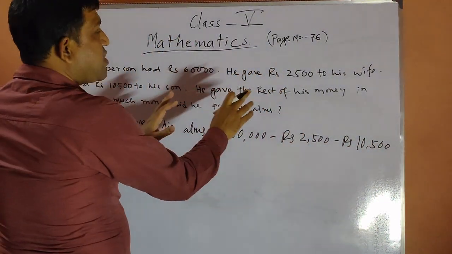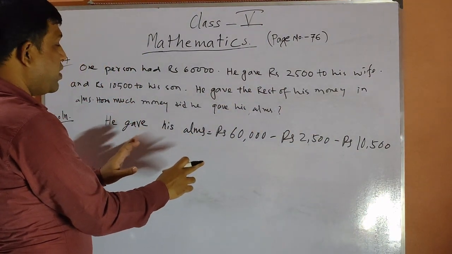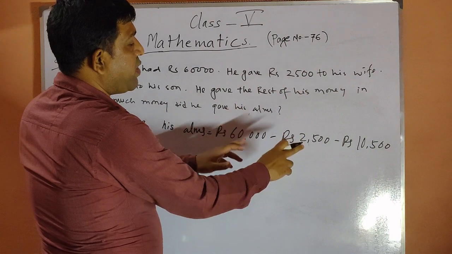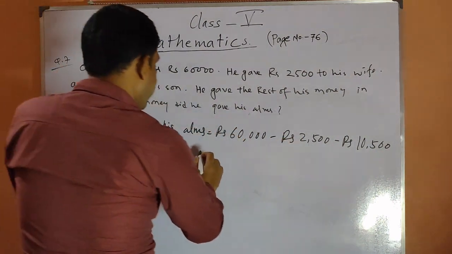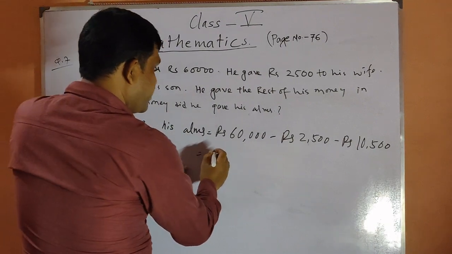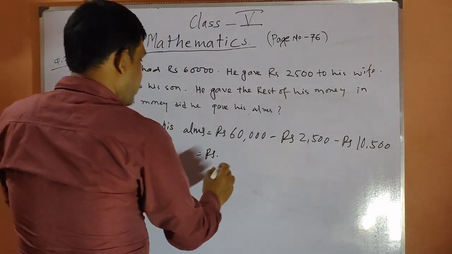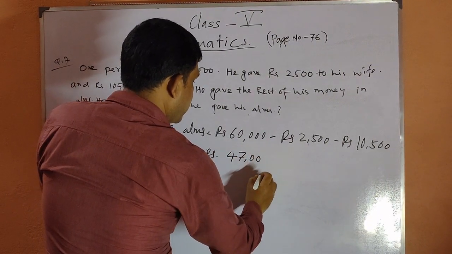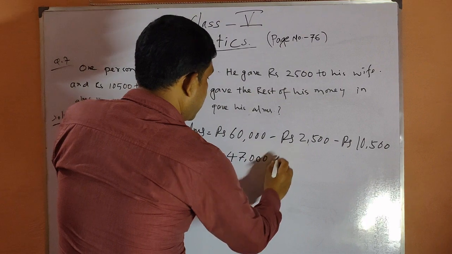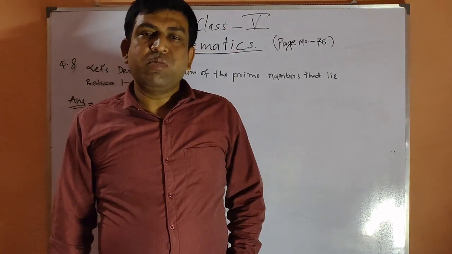That means the rest of his money he gave. What is the rest of the money here? 60,000 minus 2,500 minus 10,500. Okay, this is the rest of the money, that means 47,000 is the answer.